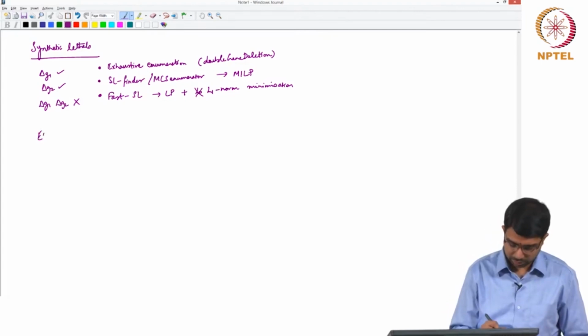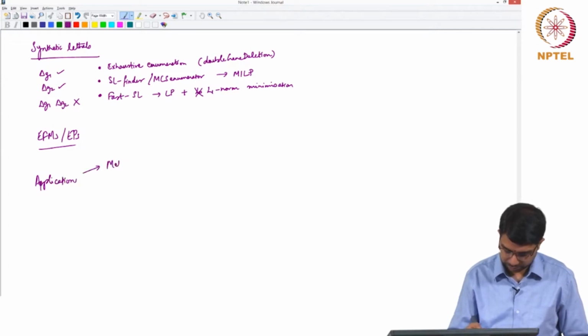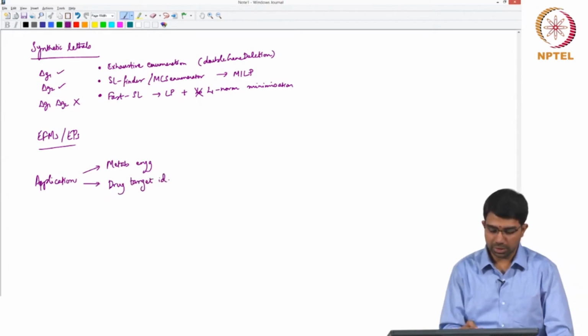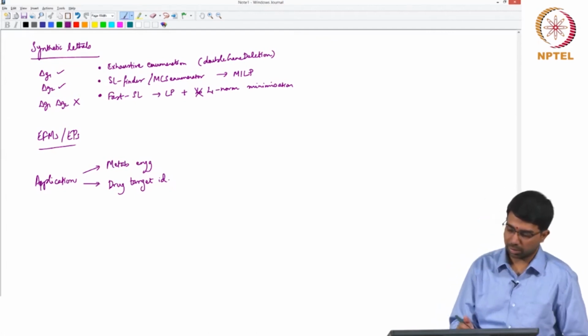So, the other thing to remember is EFMs and EPs, and applications mostly are in metabolic engineering, drug target identification. So, these were the major concepts that we looked at in constraint based modeling.